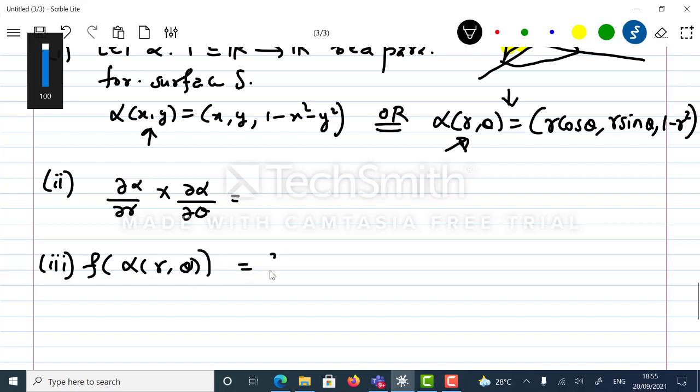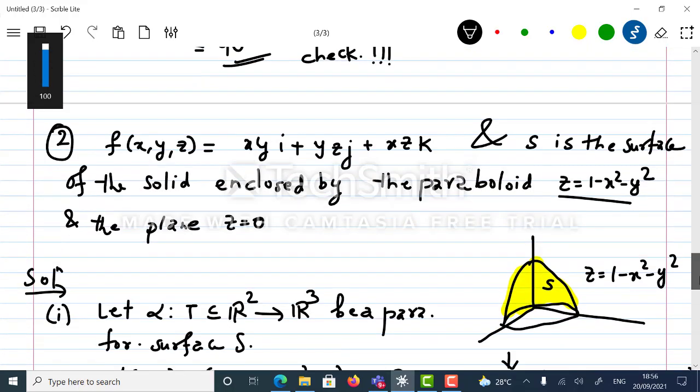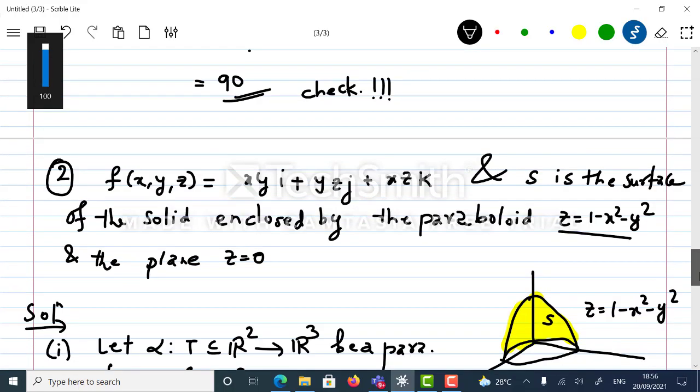Now here it is f of r cos θ, r sin θ, and 1 minus r squared, and then apply the definition. So this is x, this is y, this is z, and what the definition says is xy, yz, and zx.